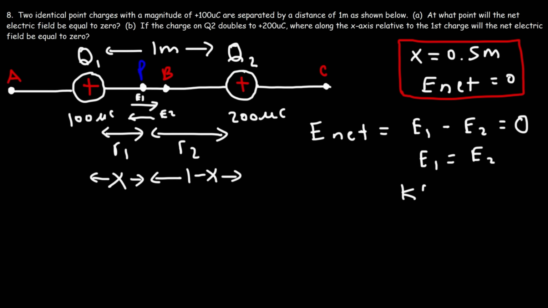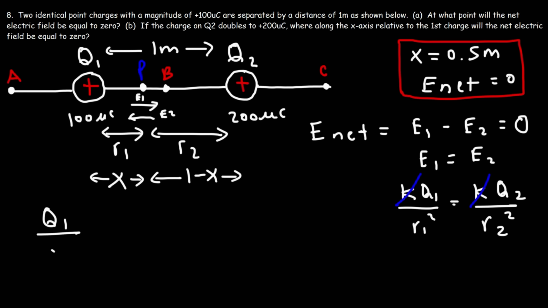E1 is K Q1 over R1 squared. E2 is K Q2 over R2 squared. Now let's divide both sides by K, so we can cancel that term. And let's replace R1 with x. So we have Q1 over x squared.